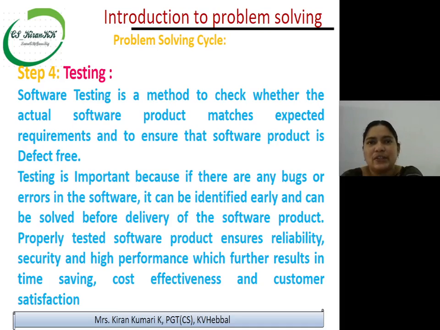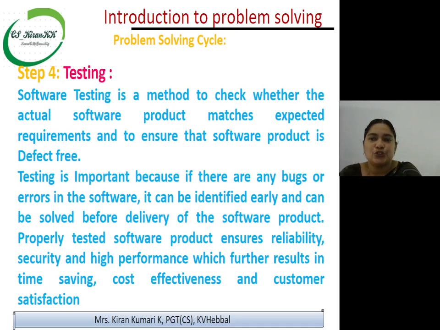You have to check whether your coding is all right, whether it is giving you the result, whether there is any error or not, right? So software testing is a method to check whether the actual software product matches expected requirements and to ensure that the software product is defect free. Right, testing is very important, because there may be bugs, meaning errors.